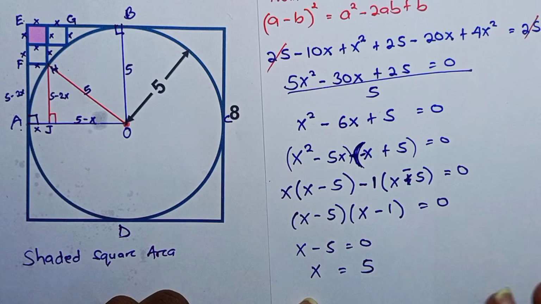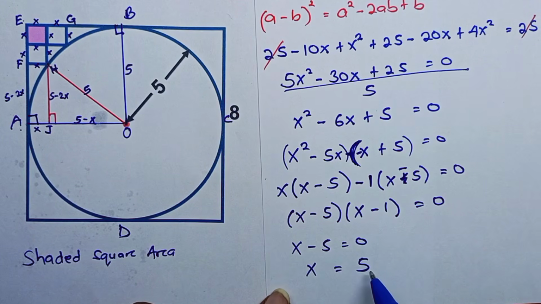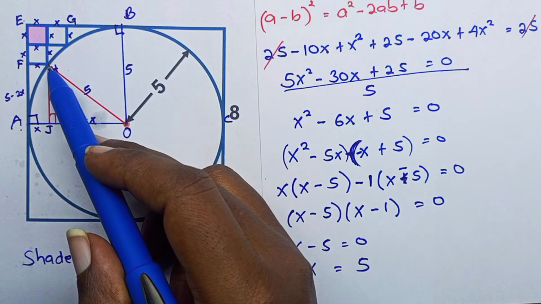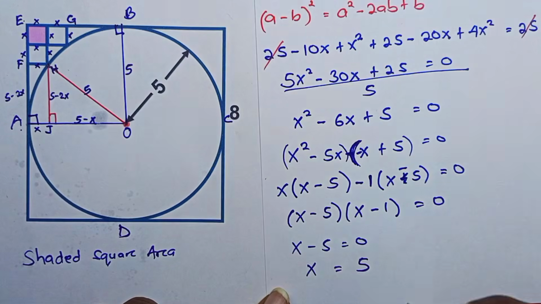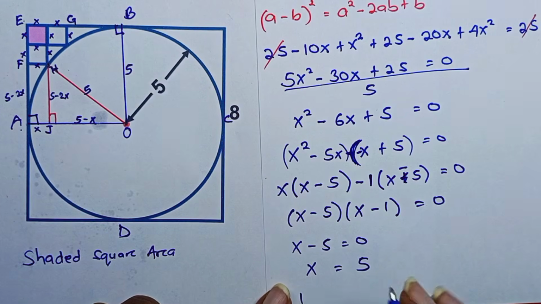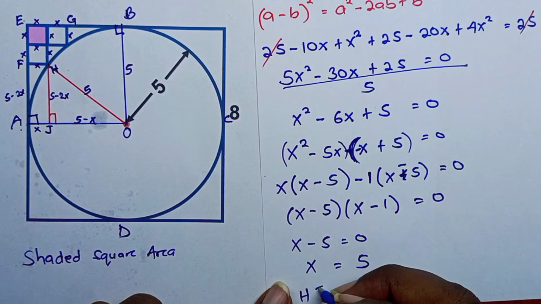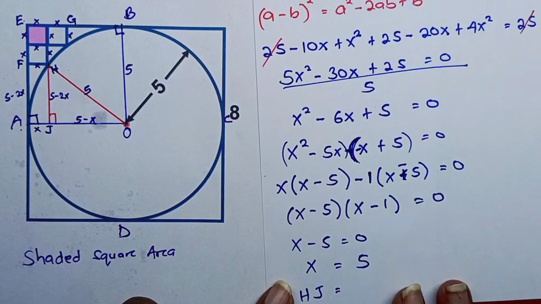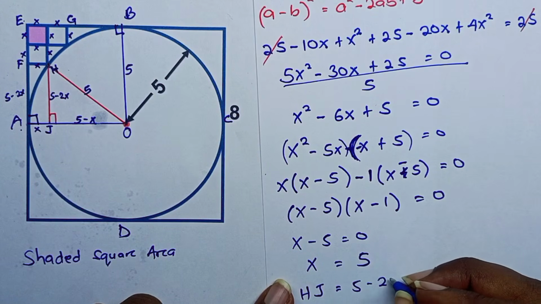So if we replace x is equal to 5 in height HJ, HJ will be equal to 5 minus 2x.